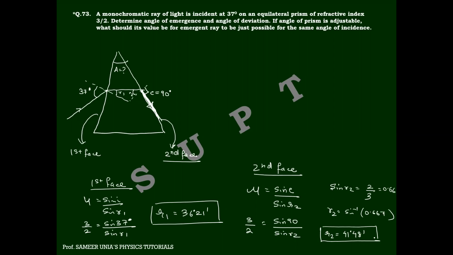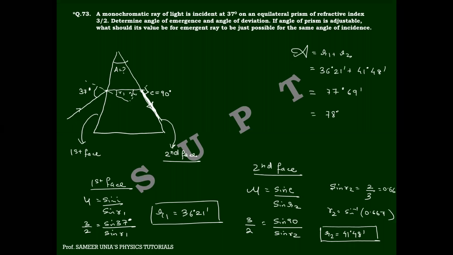Now the third phase, what is the formula for A? A becomes R1 plus R2, that is 36 degree 21 minutes plus 41 degree 48 minutes. So this answer will come, let's see, 77 and 69 minutes. Taking 60 minutes out of 69 minutes and adding to the degrees, this becomes 78 degree. Is that right? Did I make a mistake?